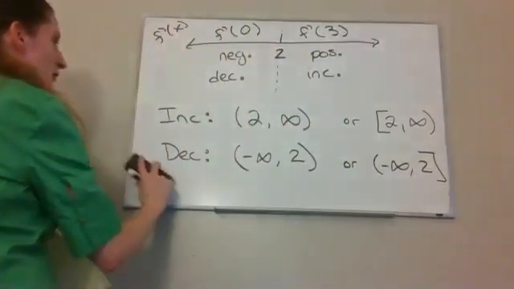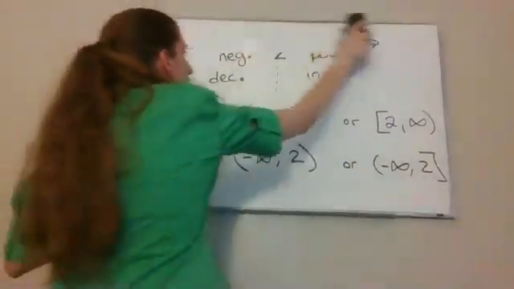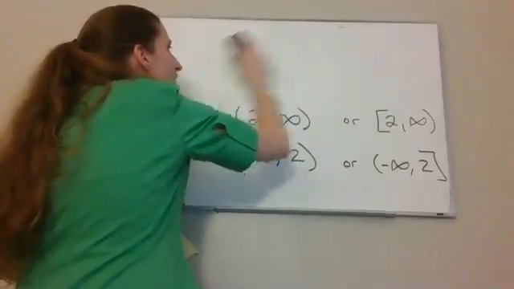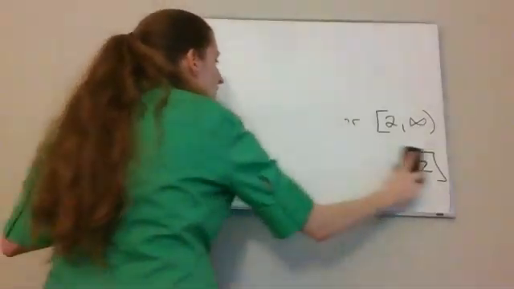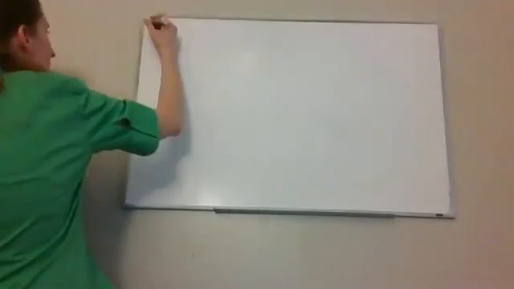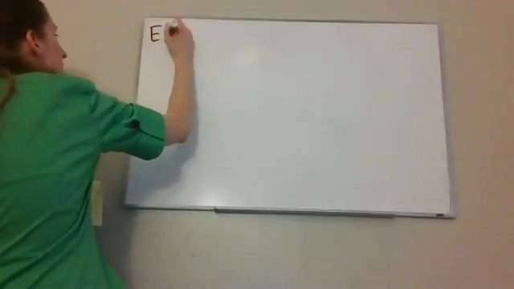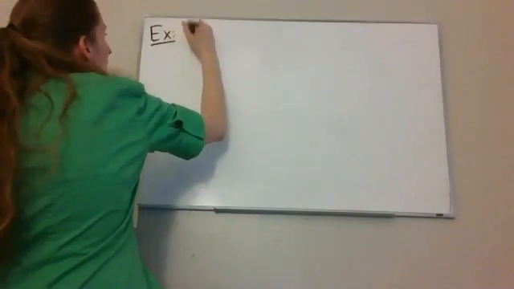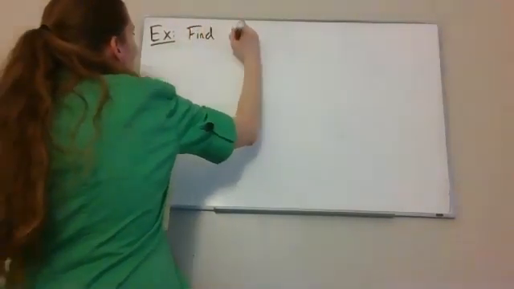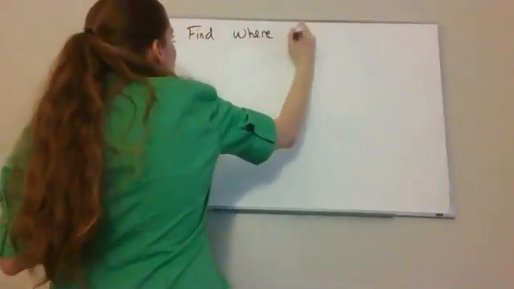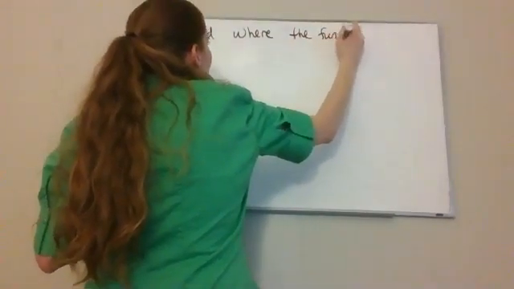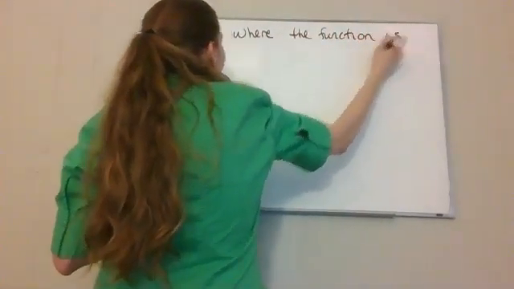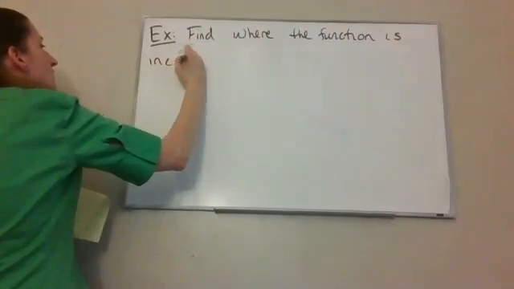All right, so we found where we're increasing and where we're decreasing just by looking at our derivative. Let's do another example. Find where the function is increasing or decreasing.